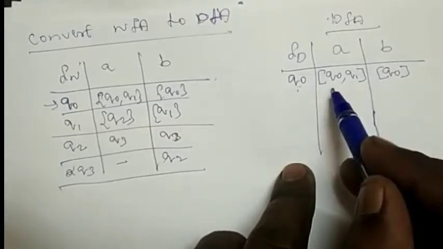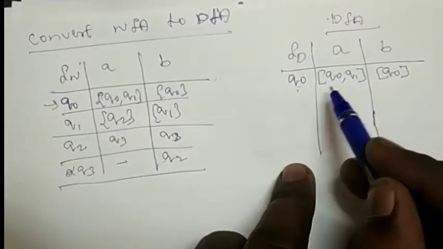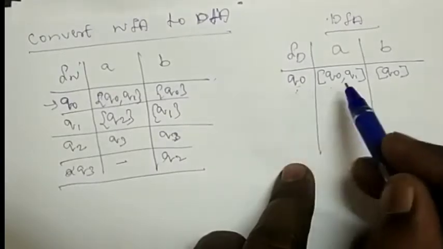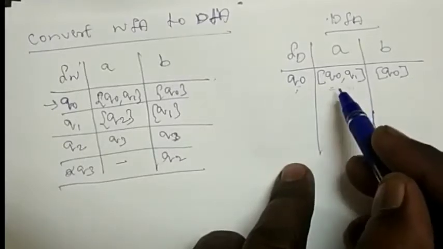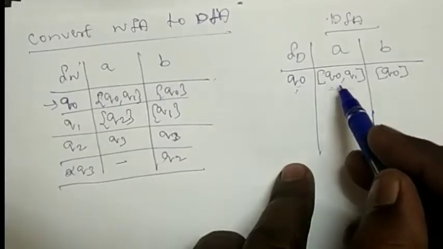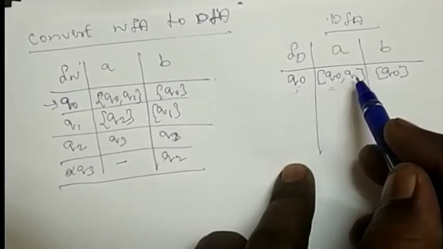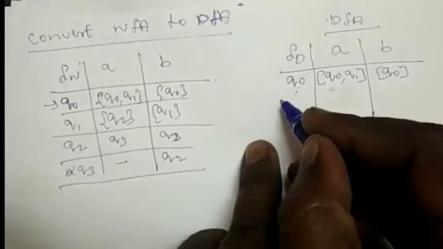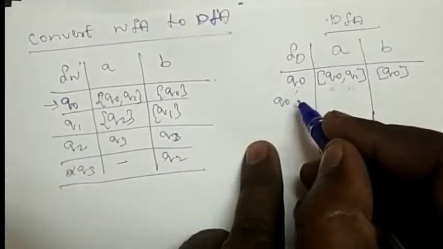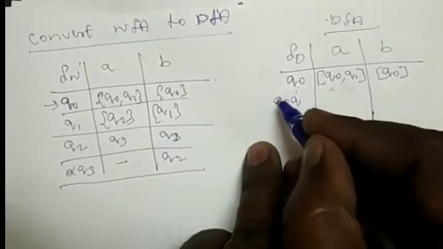But if you take Q0 and Q1, this entry is not available in the DFA, so this is going to be a new state. Q0 and Q1 together has to be taken as a whole, unique state, because I don't have an entry for Q0 and Q1.